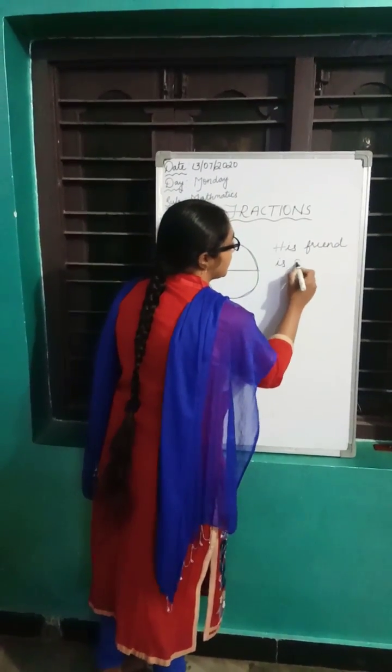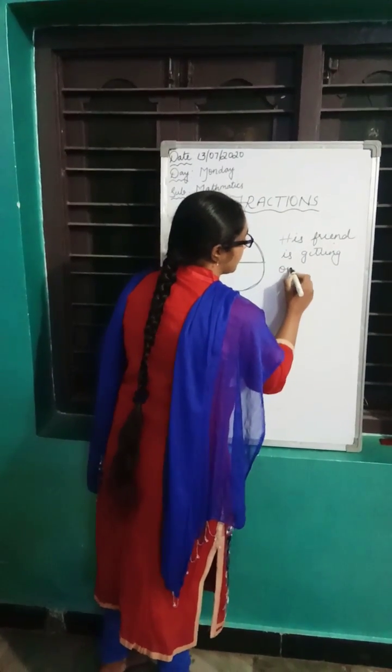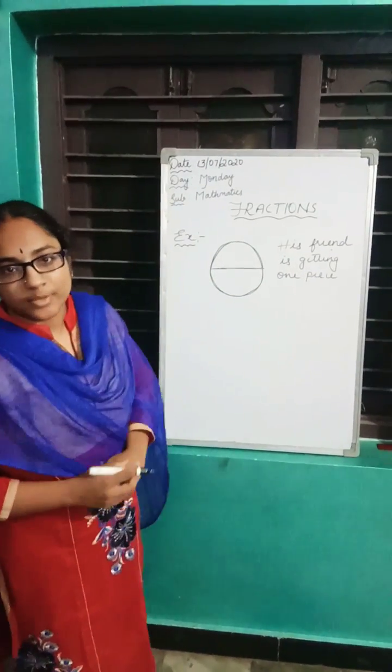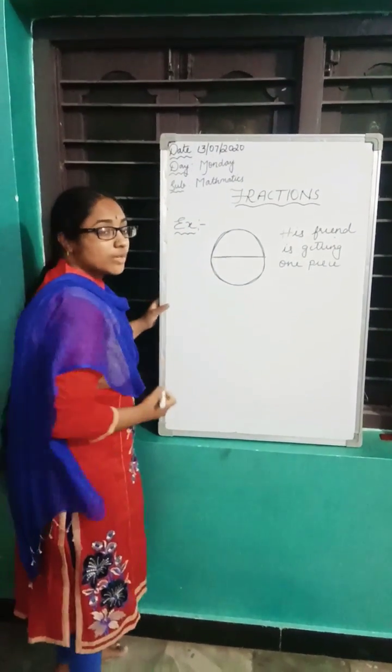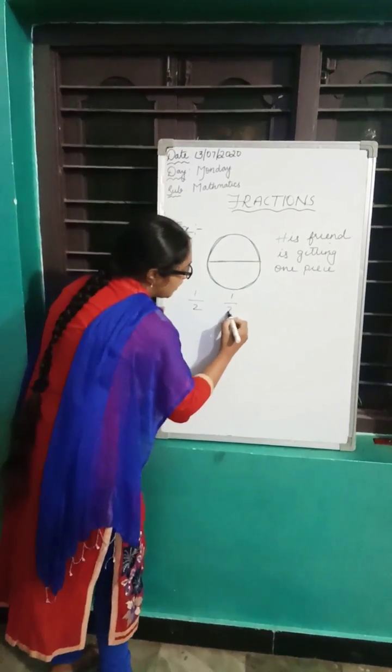His friend is getting one piece of cake, and Krishna is getting another piece. So what we can say, each is getting 1 by 2, 1 by 2.